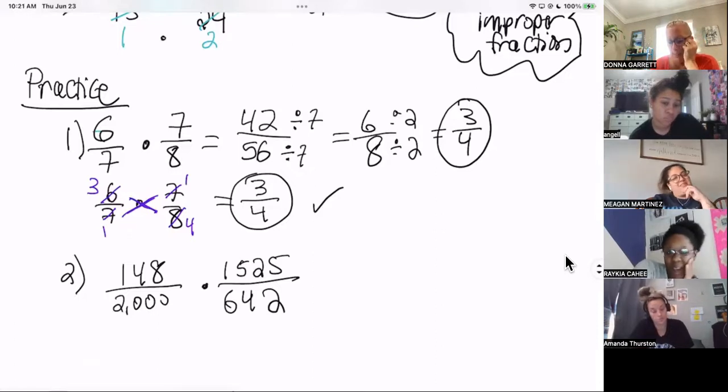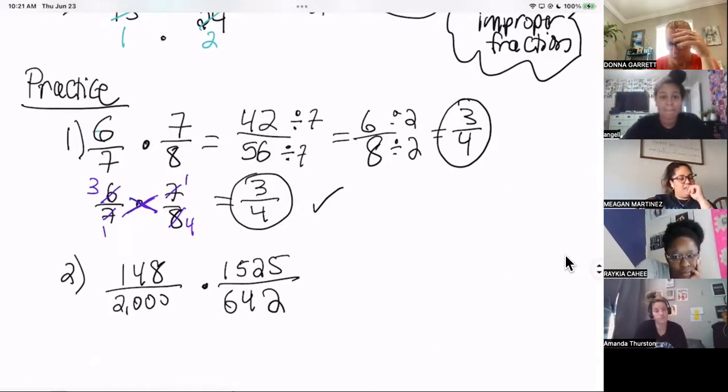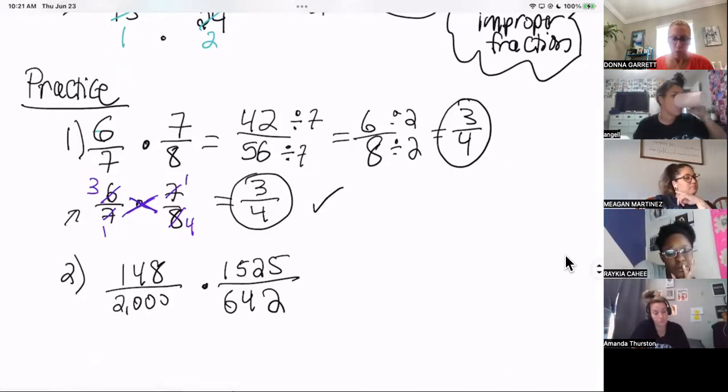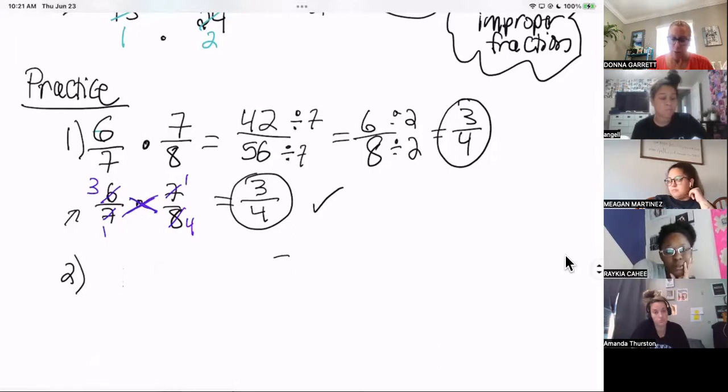But no, I would not want to multiply. That's why cross simplifying is here, because you can get really big numbers. And then how would you simplify that at the end? You'd multiply all that out. How would you know what to divide by? Versus if you do it with cross simplifying, you can do one part at a time and bring it down to something that's manageable. Now, you would never get that kind of problem. I'm just doing a big example.